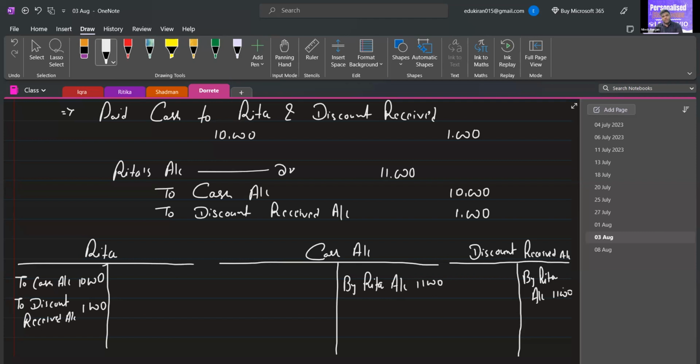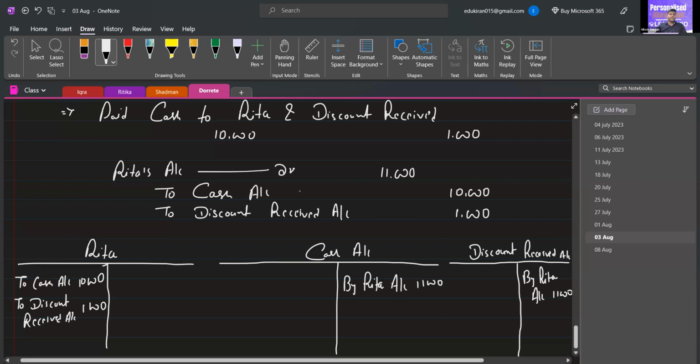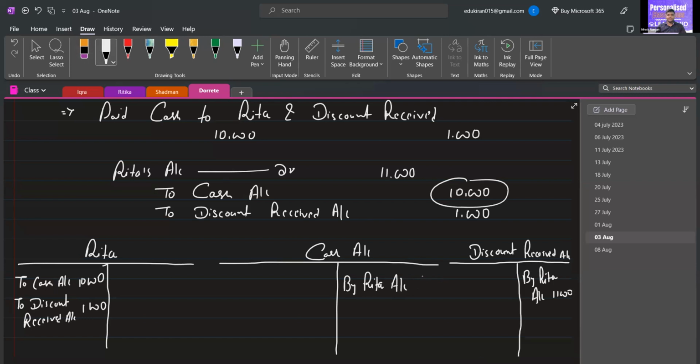Actually, we have to write the amount in front of that account. If we are writing cash account, then we have to see how much amount is written in front of cash. In cash account, it is 10,000. So here we will write only 10,000.